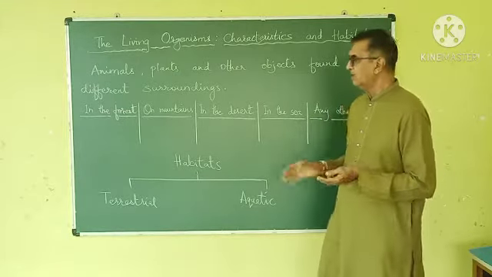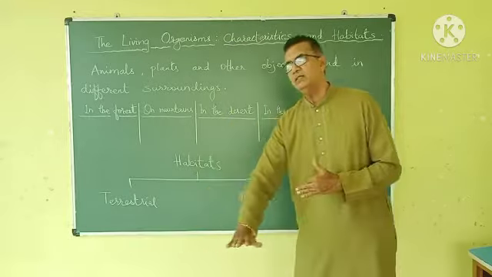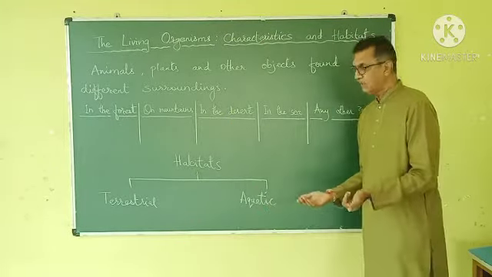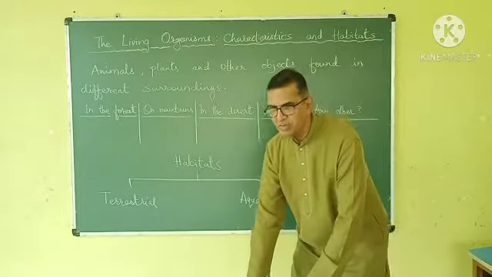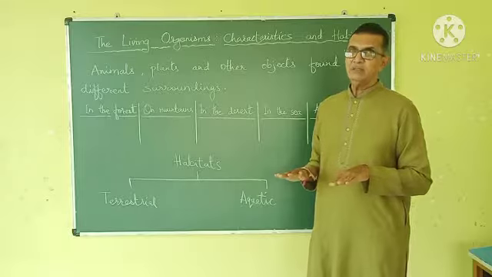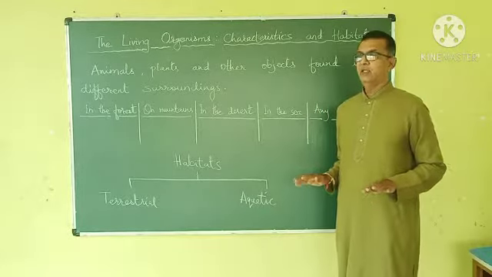Why? Because the land in the desert is covered with sand and it gets very much heated, right? So to stay away from that heat, nature has given it very long legs.